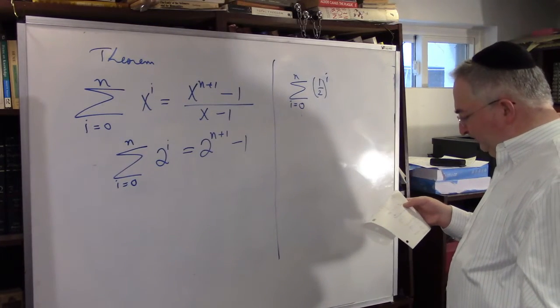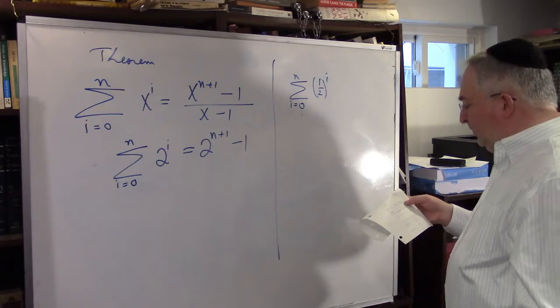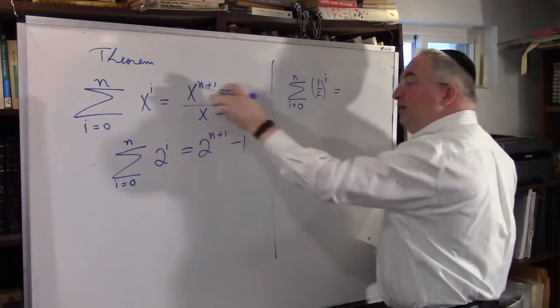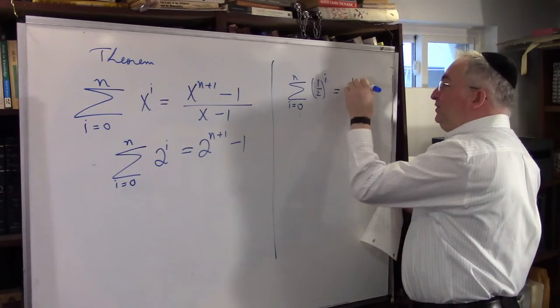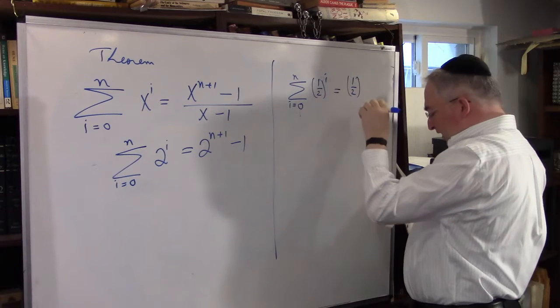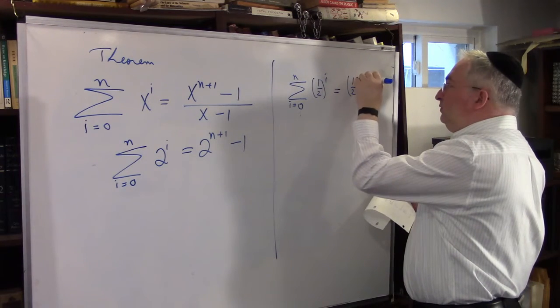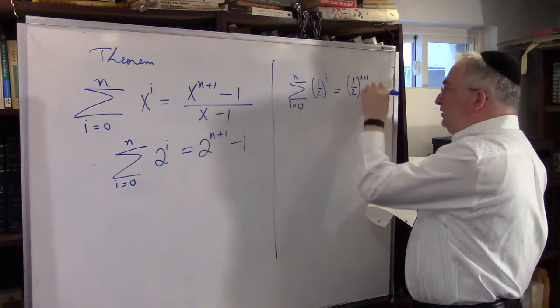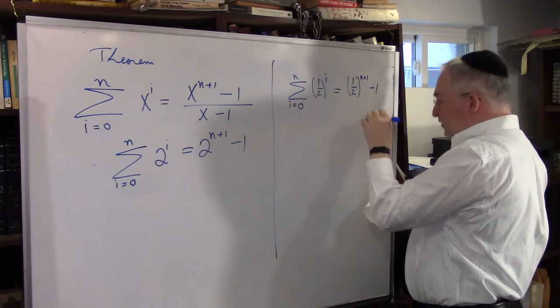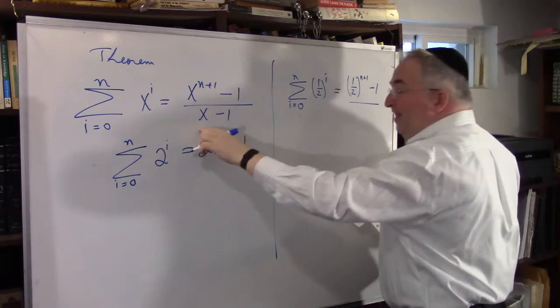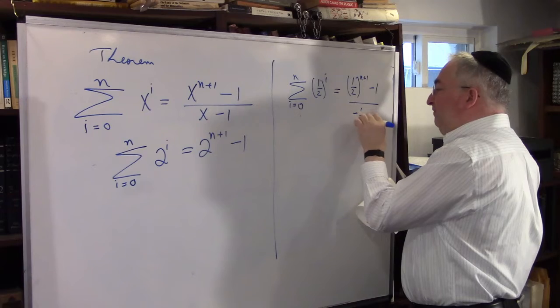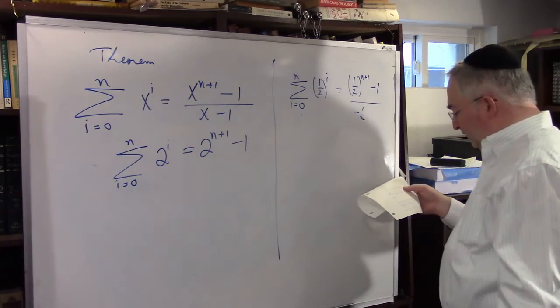This is going to equal, just plug it into the equation, x is equal to a half, so this is a half to the n plus 1 minus 1 divided by a half minus 1, which is minus a half.